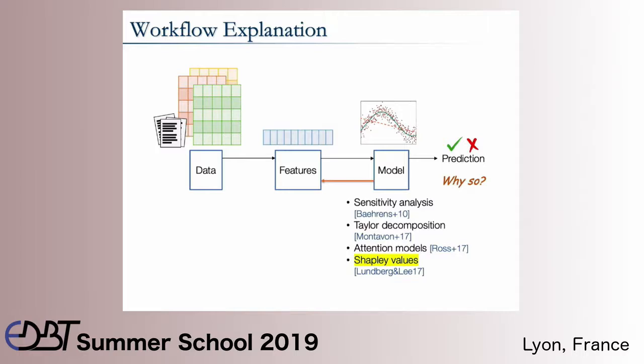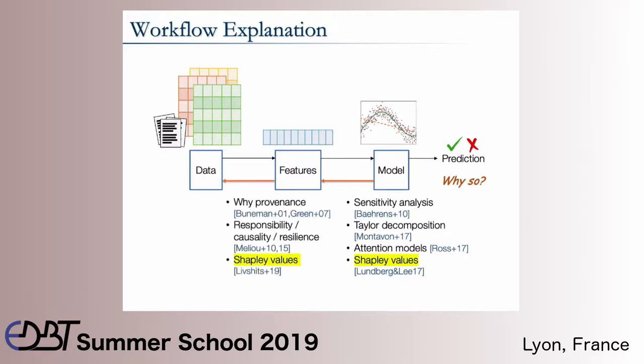So it goes by sensitivity analysis, like how much fluctuation would you have if you change this value, or Taylor decomposition, more of an analytical explanation, and attention models in deep networks, and also recently the Shapley values, which is a concept from game theory. I'll talk about it next.